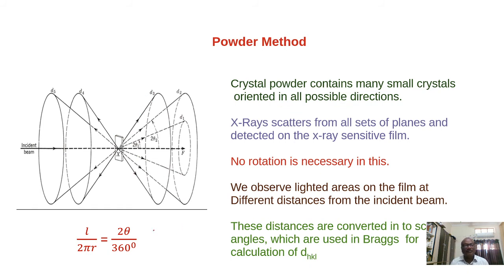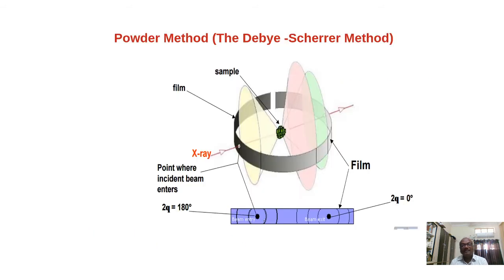We use this formula to convert the distance into angle: L divided by 2 pi r is equal to 2 theta by 360. 2 pi r means the total circumference.